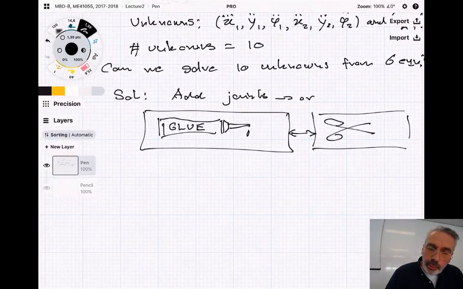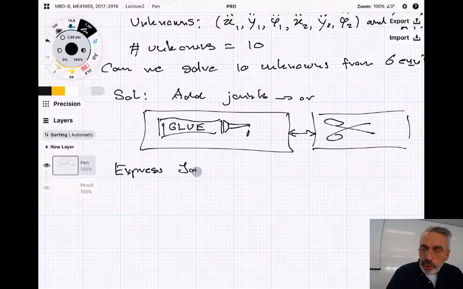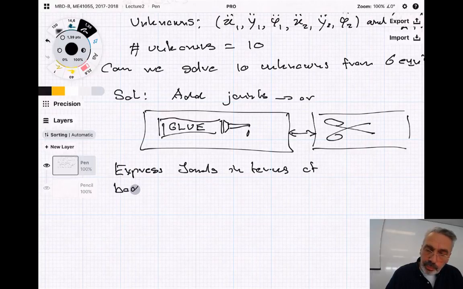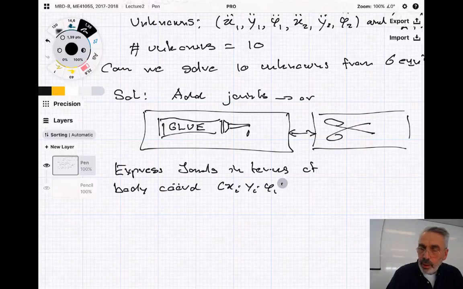So we have to express the joints in terms of body coordinates, xi, yi, and phi i, plus body parameters, length, body geometry.